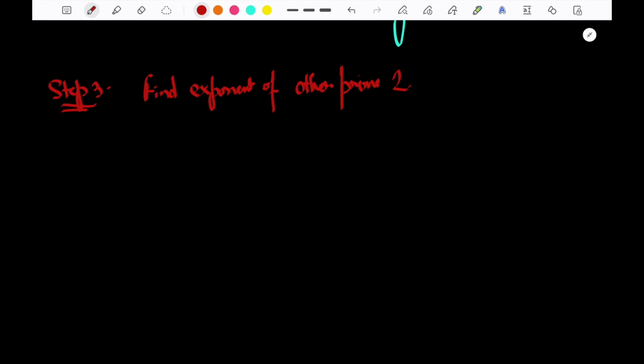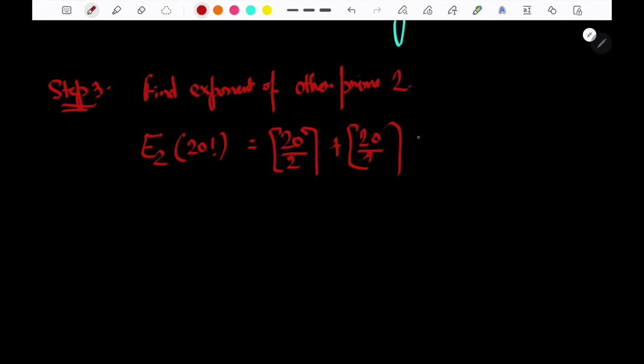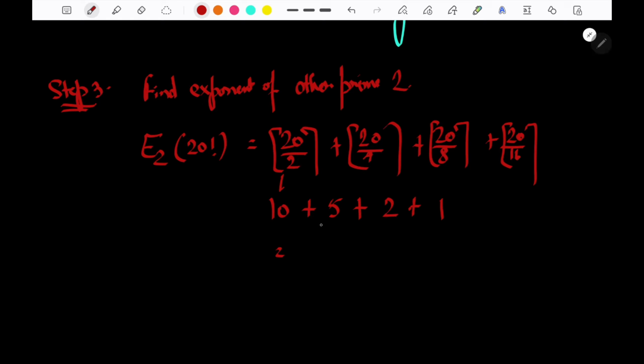That will decide the last non-zero digit. So the exponent of 2 in 20 factorial can be written as 20 by 2 plus 20 by 2 squared, that is 20 by 4, plus 20 by 8 plus 20 by 16 plus 20 by 32, that will be 0. So this is 10, this is 5, this is 2, this is 1. So total this will be 18.